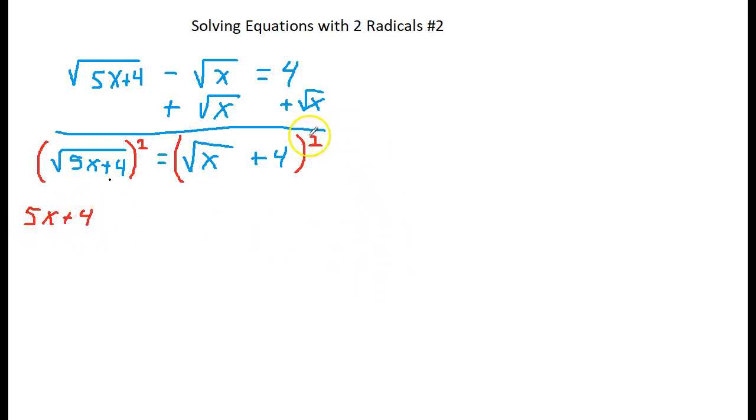Now, for the right side, a lot of times I just say cross that off and rewrite it again. Square root of x plus 4, and use that FOIL method. So, square root of x times square root of x gives you x. Square root of x times 4 gives you plus 4 square roots of x. Then 4 times square root of x gives you plus 4 square roots of x.